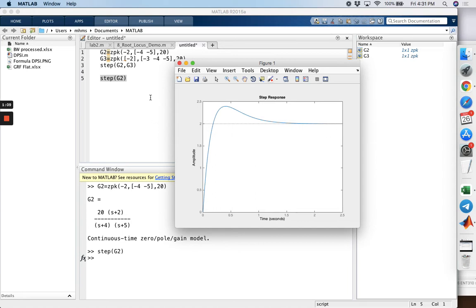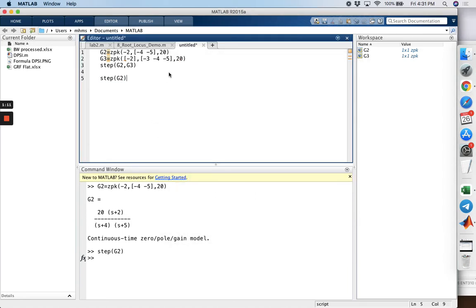So if you want to compare, for example, let's say the question asks, add a third order system to this original G2, it becomes G3. So now our G3 is this. We have the same poles, but we add another pole at -3. So we run this one.